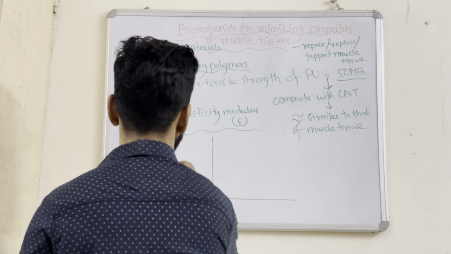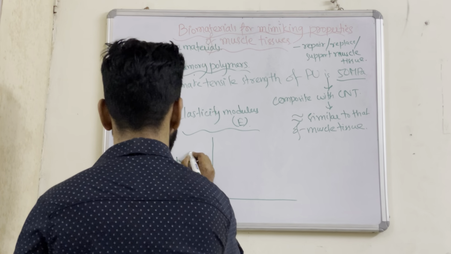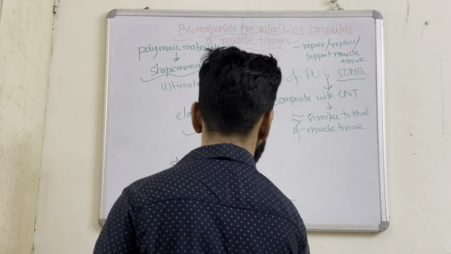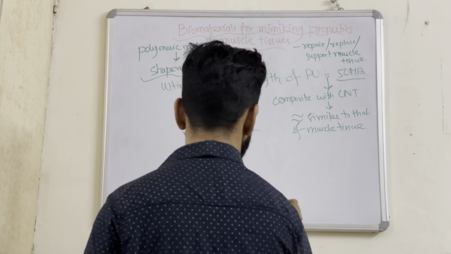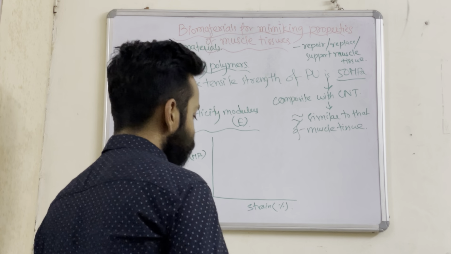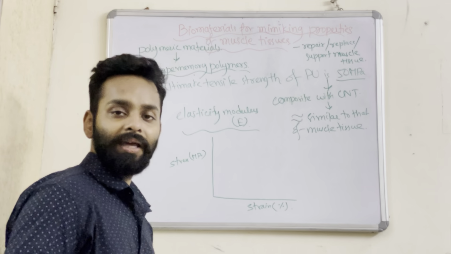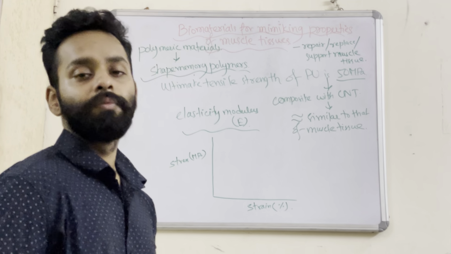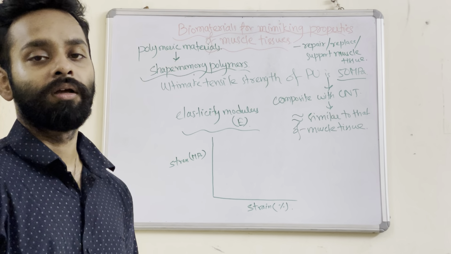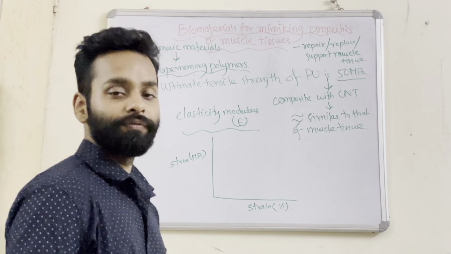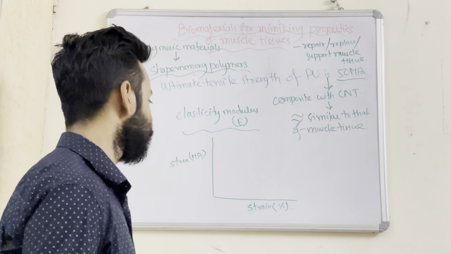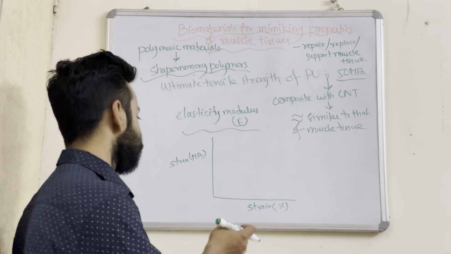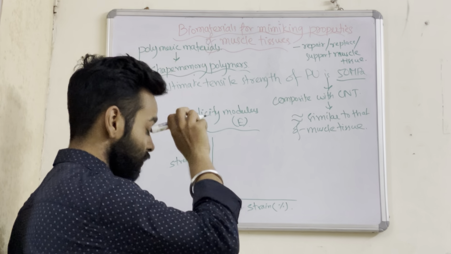So if we plot stress as megapascals on the y-axis and the corresponding strain as percentage, upon stretching a material or applying strain, strain is the ratio between the change in length to the original length, and stress is the force applied per unit cross-sectional area, which is the same as pressure, represented in megapascals.